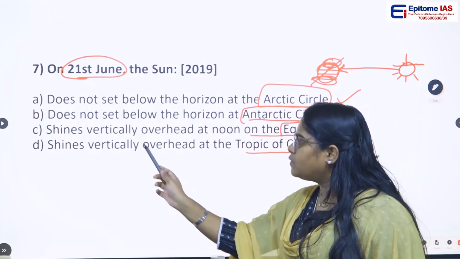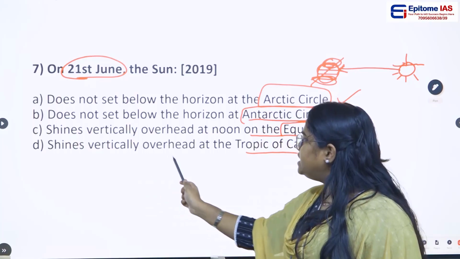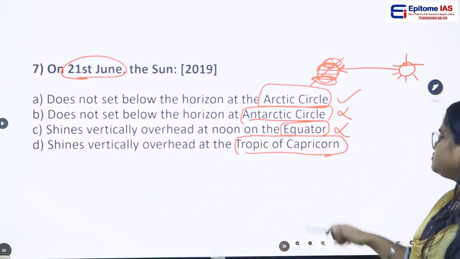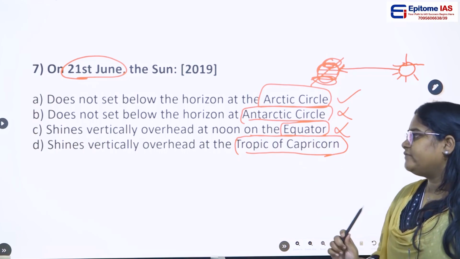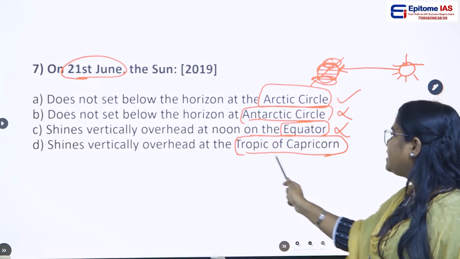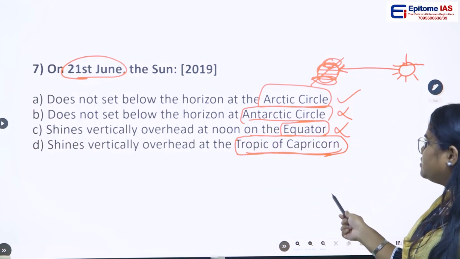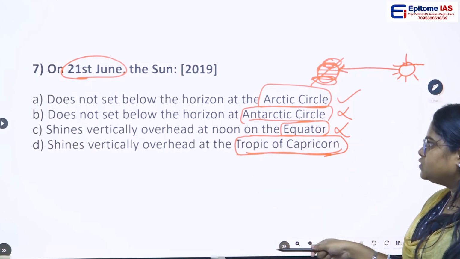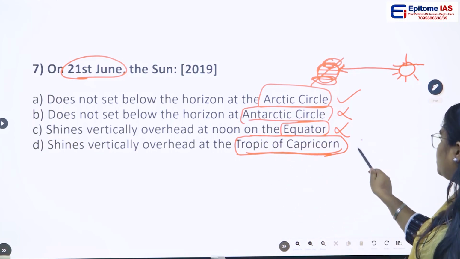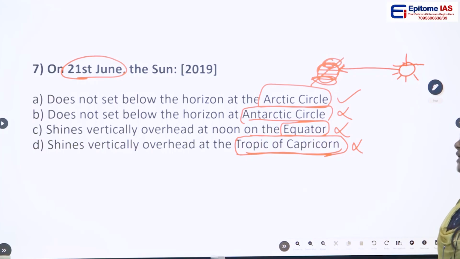Then option D, shines vertically overhead at the Tropic of Cancer. You tell me, what is this? When the sun is vertically overhead on the Tropic of Cancer, it is nothing but the winter solstice. So again, this is not summer solstice. So this particular option is also wrong. So the correct answer is option A.